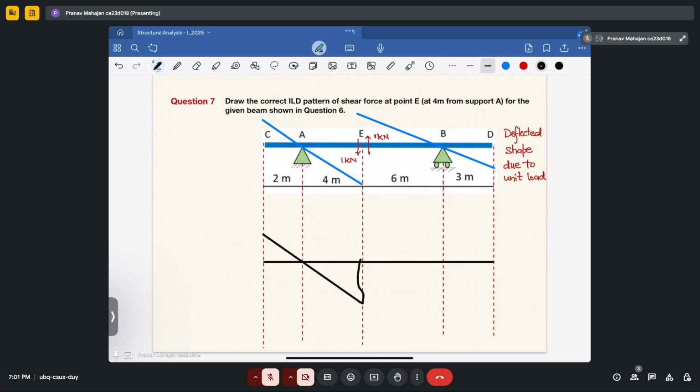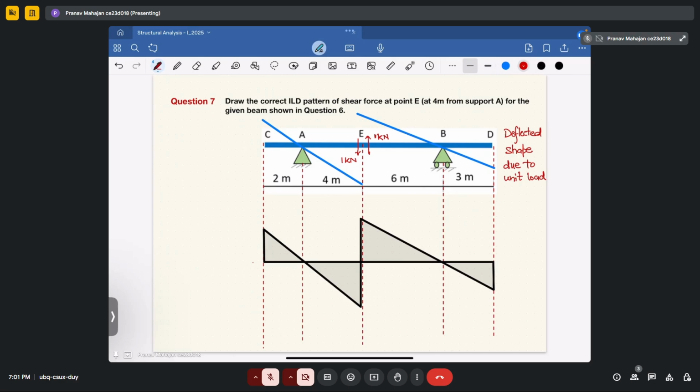Again, it will go up here 1 kilonewton. Okay, so this is how your shear force diagram will look like.